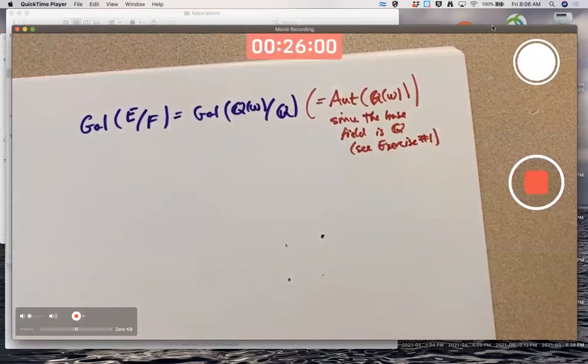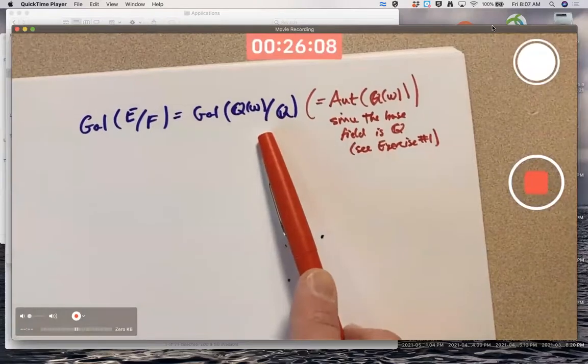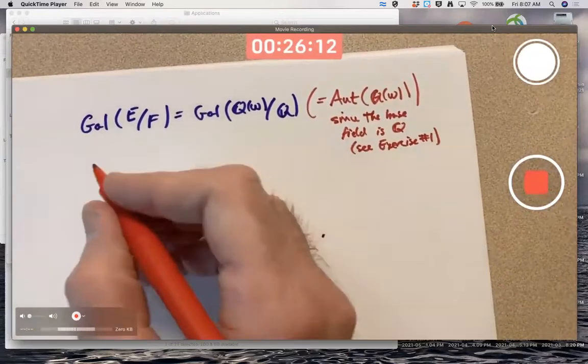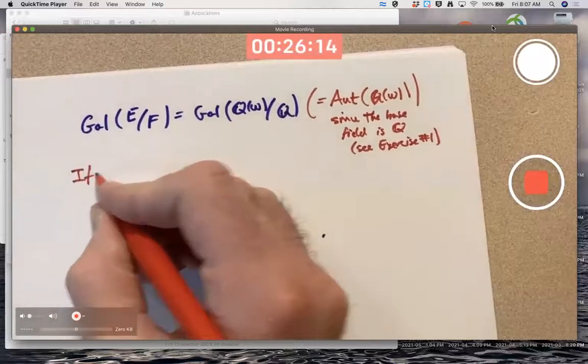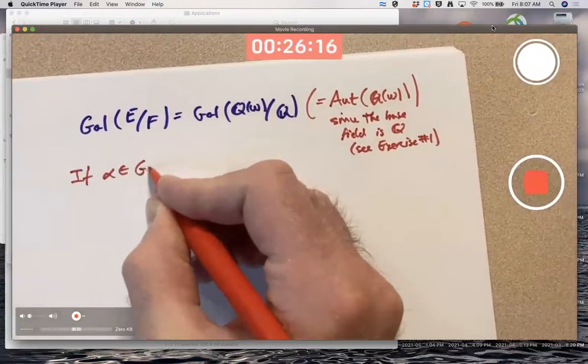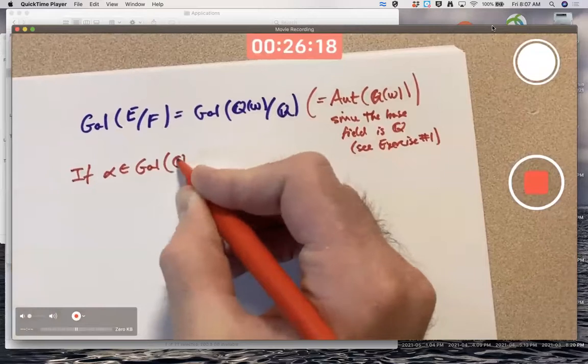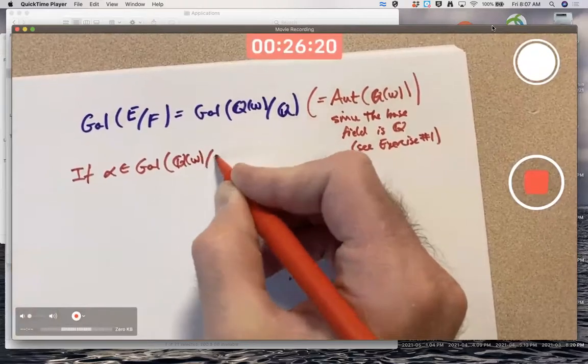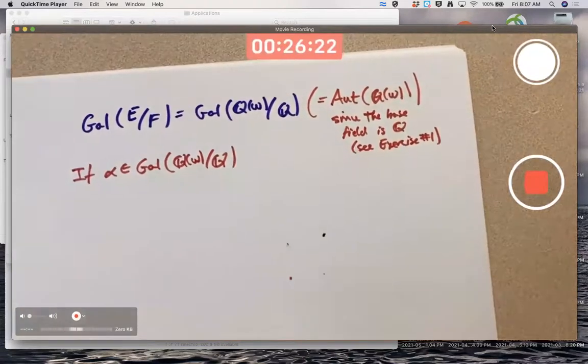So what is this? I need to think about automorphisms of this that fix Q. If alpha is in this Galois group, if it is an element of it, it might be helpful to think about a possible formula for alpha.